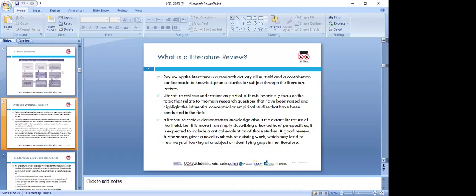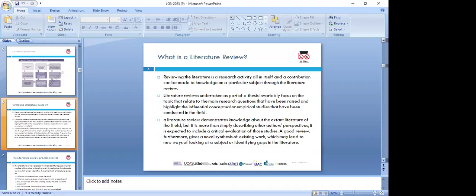A literature review demonstrates knowledge about the extant literature of that field, but it is more than simply describing other authors' perspectives and is expected to include a critical evaluation of those. A good review, furthermore, gives a novel synthesis of existing work, which may lead to new ways of looking at subjects or identify gaps within.